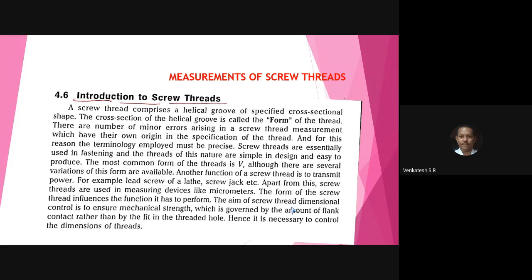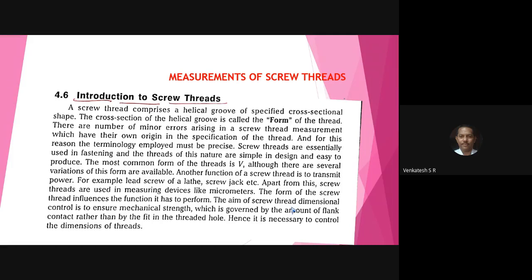In this chapter, you have to study the elements of the screw thread by using a screw thread micrometer or profile projector, or by measuring the screw thread using the gauge.